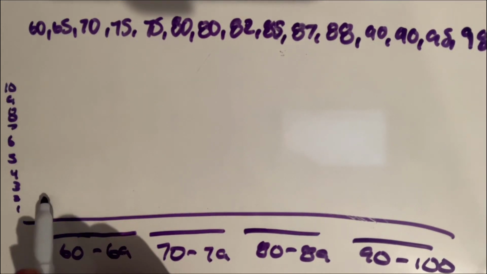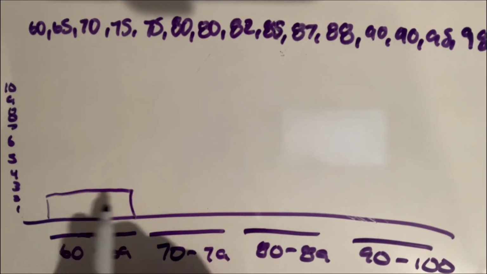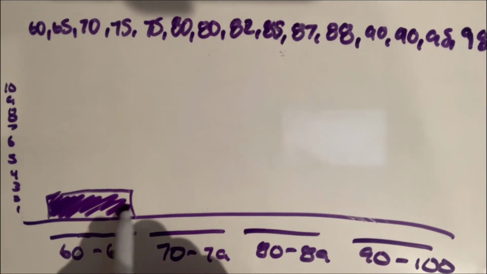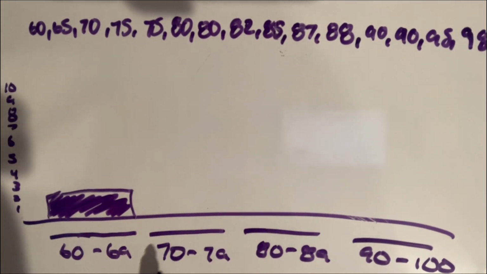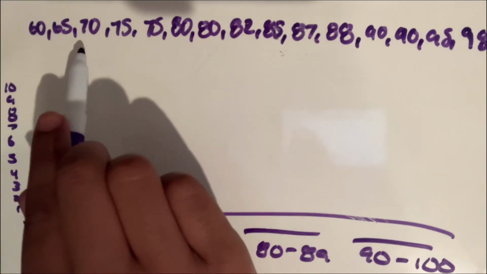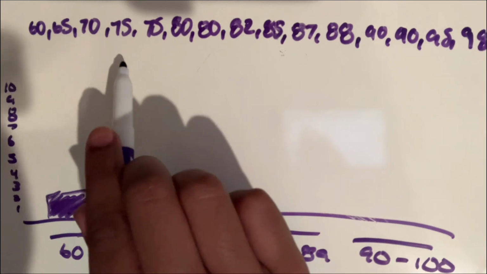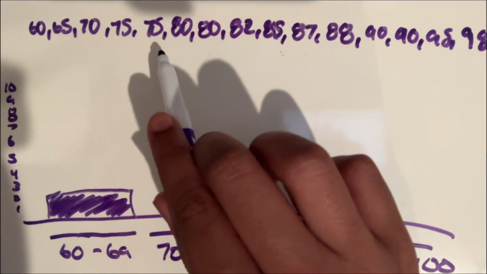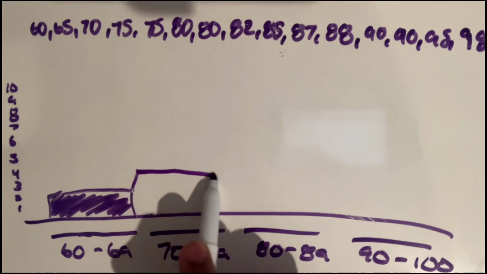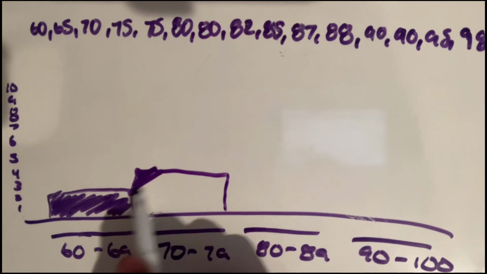So we can draw our bar 2 high. Okay, 70 to 79. How many numbers can fit in that? 71, 75, 2, 75, 3. So that's 3. We can draw the bar there.